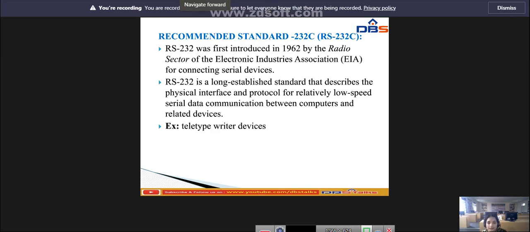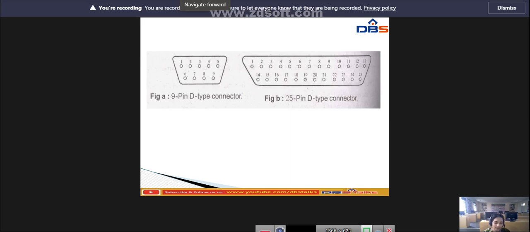So this is the recommended standard 232C. The RS 232C is now widely used for direct communication between acquisition devices and computer systems.